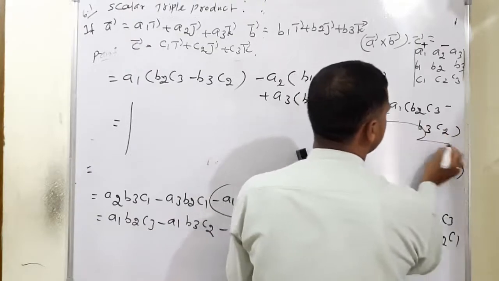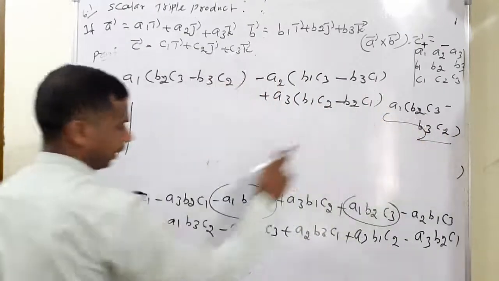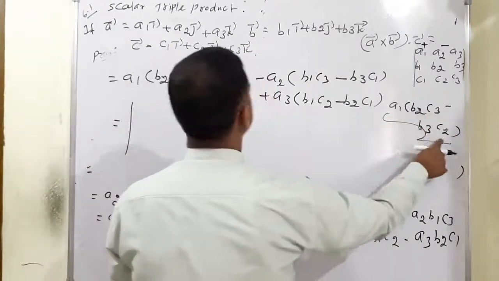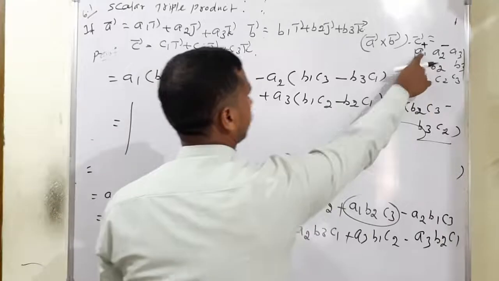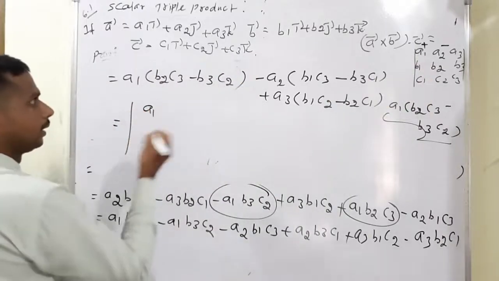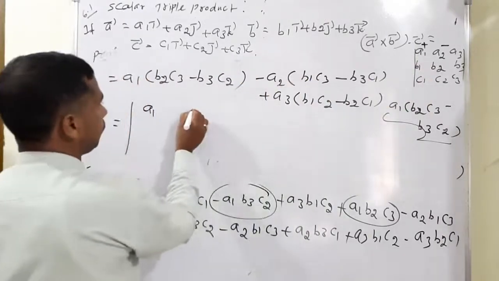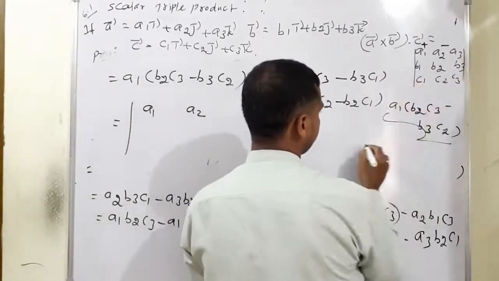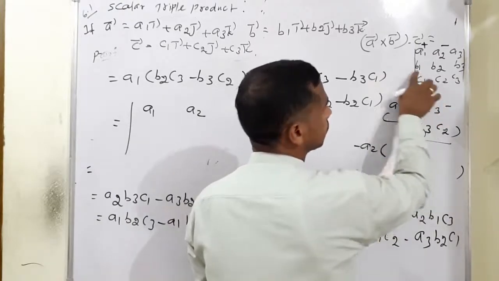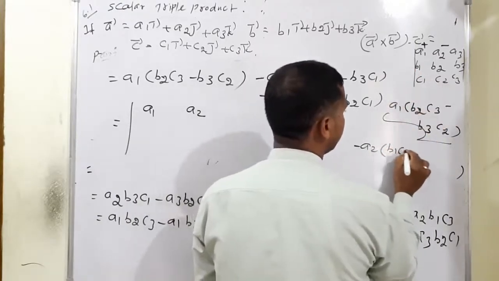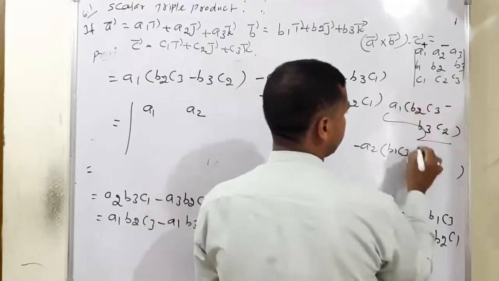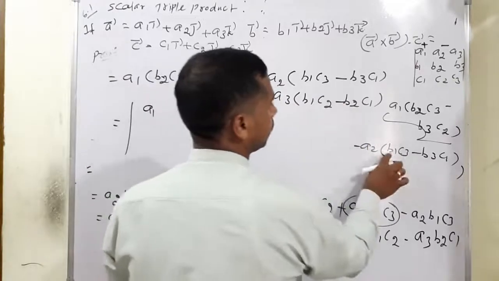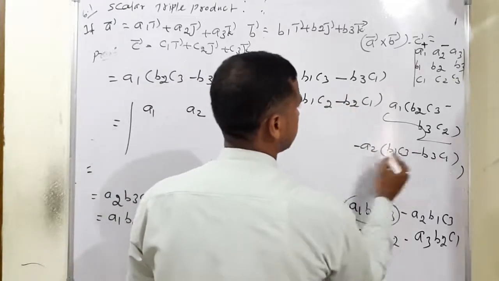So this is A1 in bracket of A1 into bracket of B2 C3 minus B3 C2. So instead of this whole term we can write only A1. The next condition also minus term will come. I will write it A2 only. If you take minus A2 common outside means B1 into C3 then minus B3 C1, minus A2 into B1 C3 minus B3 C1.